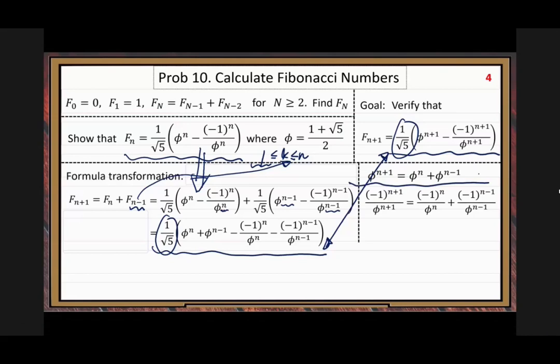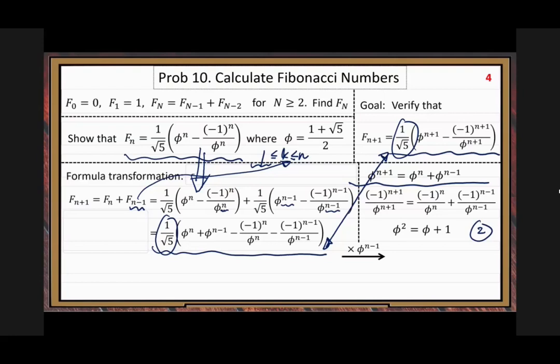The first equality. How to show it? That's easy. We start with our second golden ratio property: phi squared equals phi plus 1. That's our second golden ratio property, number 2. We know it's correct. Then let us multiply both sides by phi to the power of n minus 1.